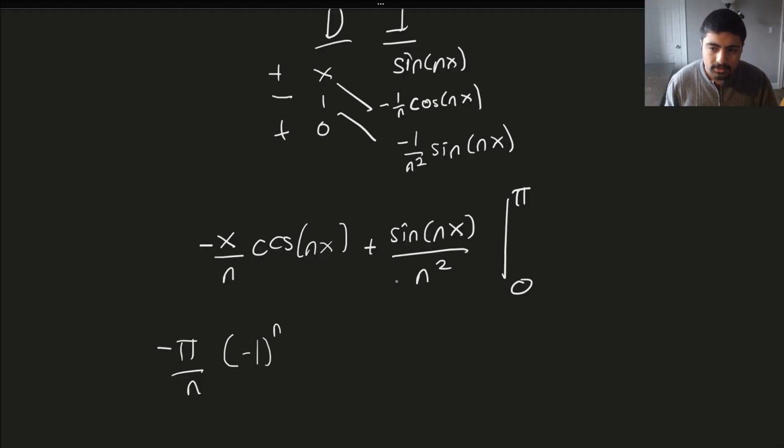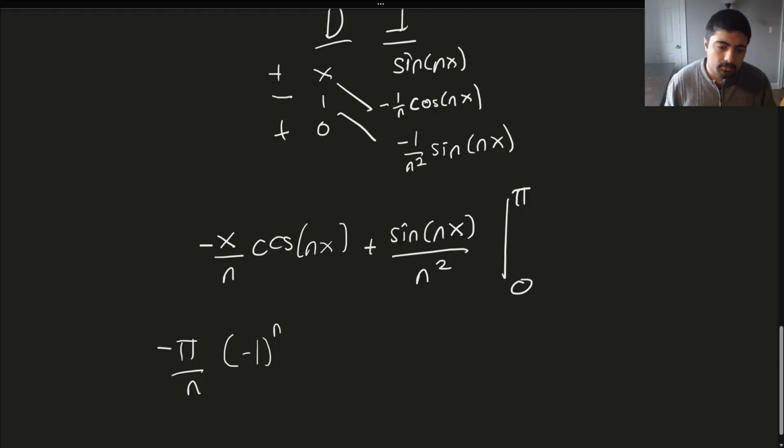And now we can subtract the 0 version of this. Cosine of 0 is 1, but we have a 0 for this one, so that will be cancelled out, and sine of 0 is also going to be 0.